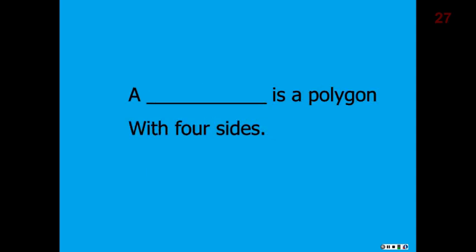A blank is a polygon with four sides. What's the name of polygons with four sides? I told you there's the rhombus, but what are they called with four sides? We know hexagon has 6 sides, octagon has 8 sides, pentagon has 5 sides. What's the one called with 4 sides?